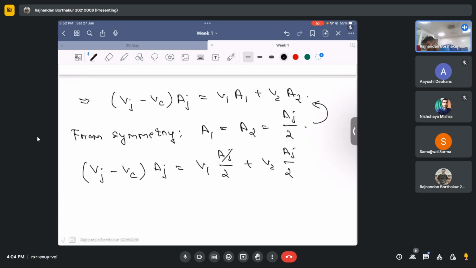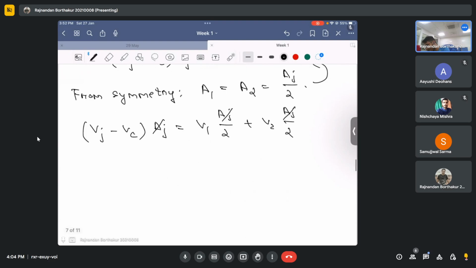These Aj's would now be cancelled, and we end up getting V1 plus V2 equal to 2 times Vj minus Vc.